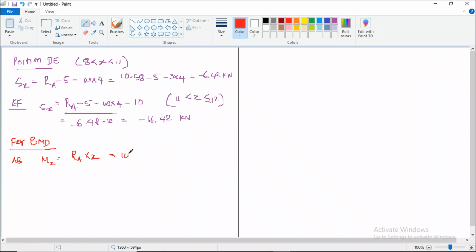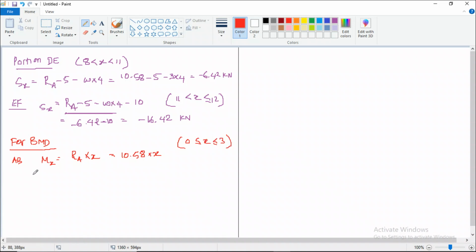So 10.58 multiplied by x value. Now which x value do we need to take? Here we need to put x equal to 0 first, and then x equal to 3.